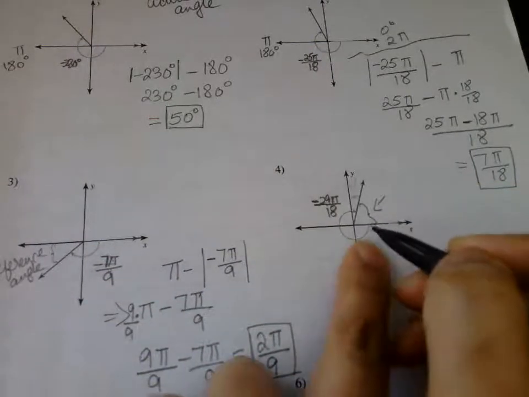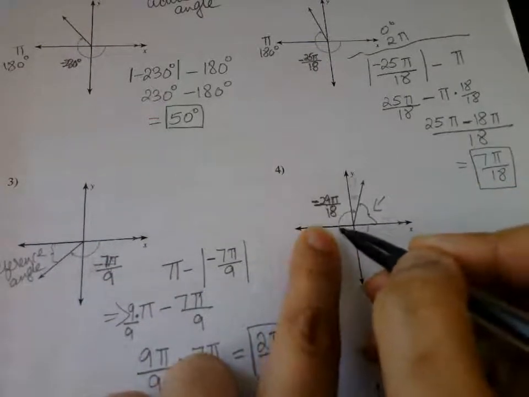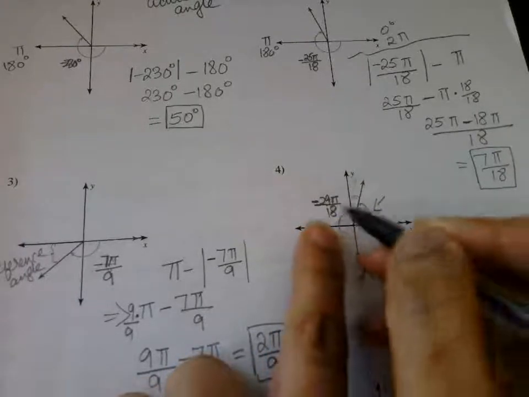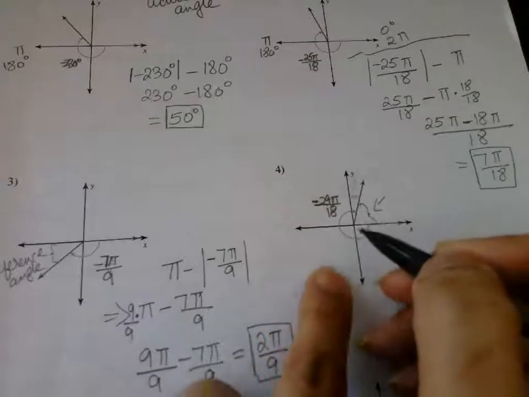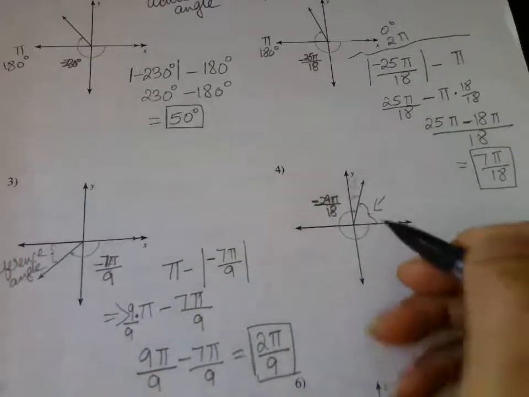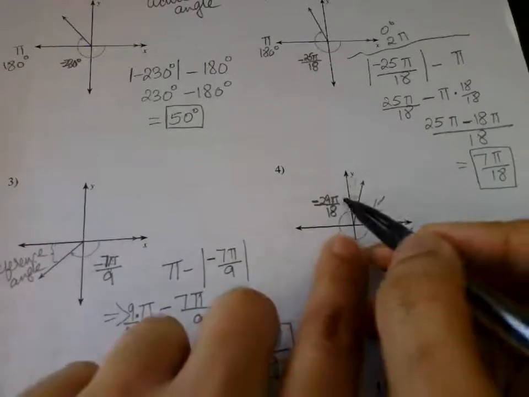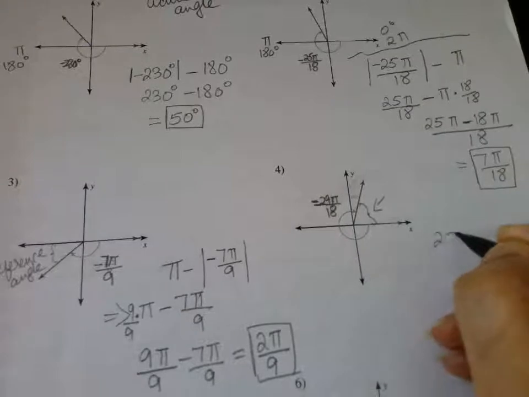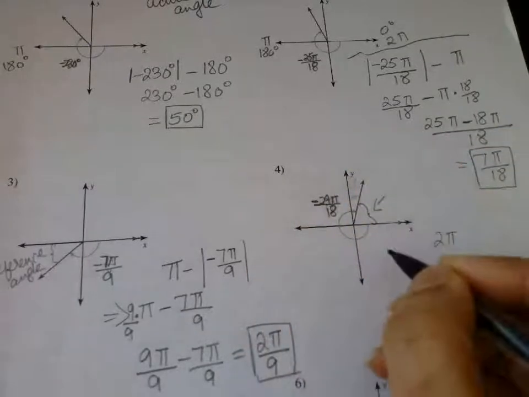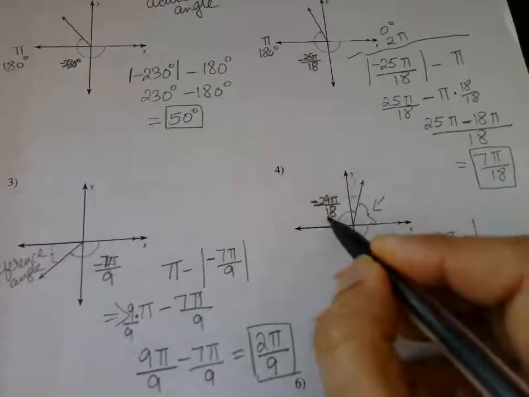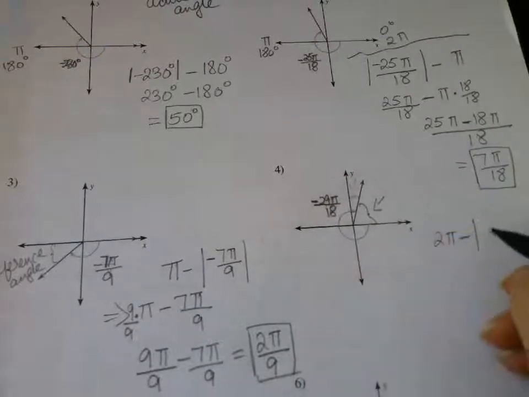Now, it is more than 180, we know, and it is more than 270, and it's close to 360 or close to 2 pi. So instead of subtracting 180 or pi, we will go for 2 pi because it is beyond 270. So our equation will be 2 pi, because this total is 360 or 2 pi, minus the absolute value of the circle angle.